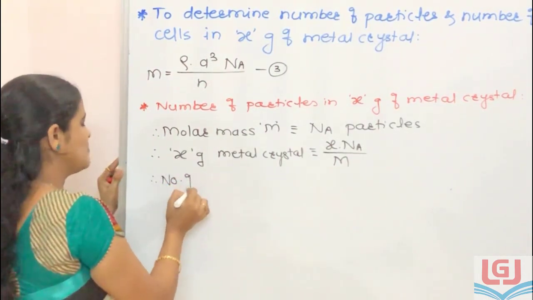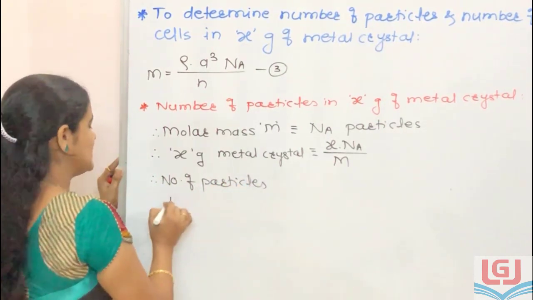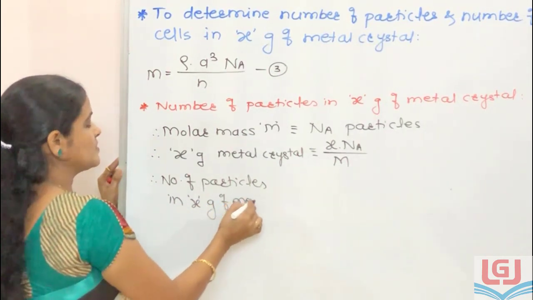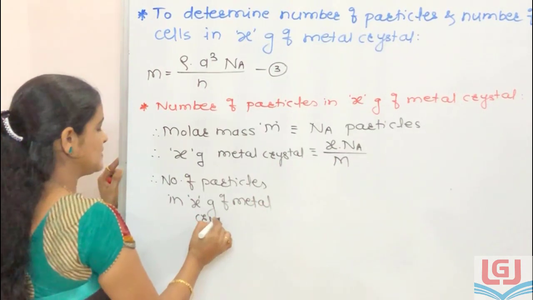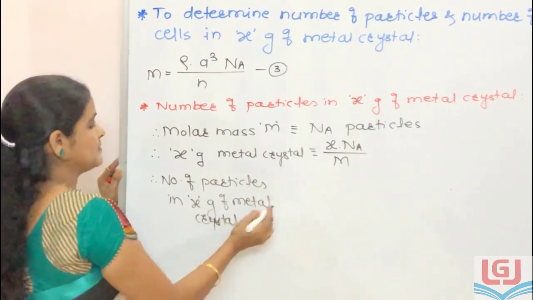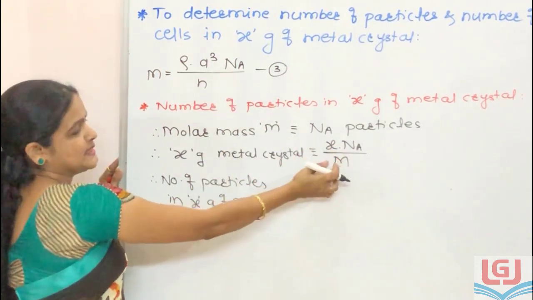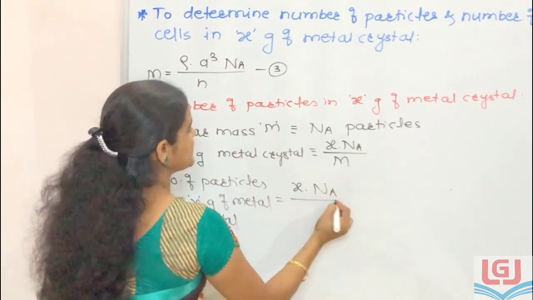Therefore, number of particles in x gram of metal crystal is equal to, substitute value of M in this equation, which is x into Na.